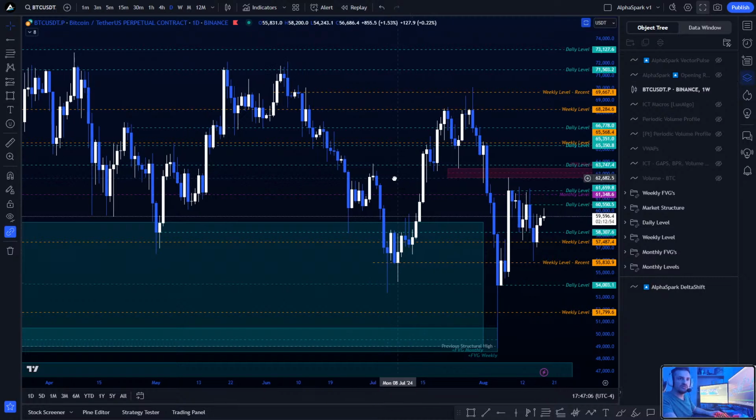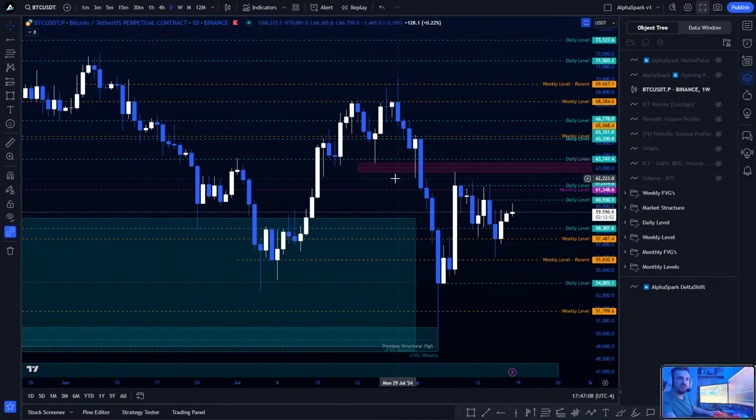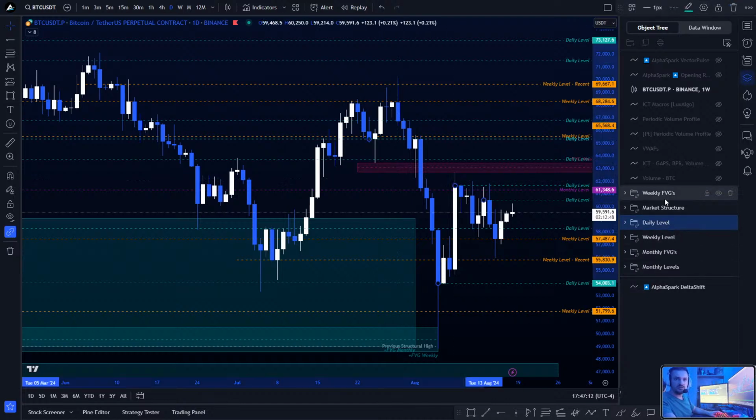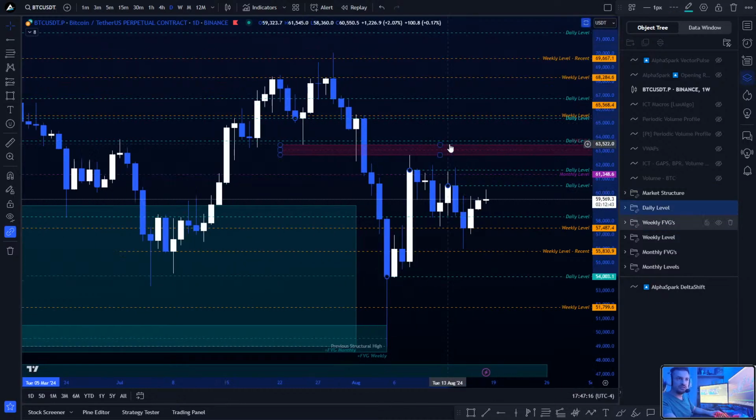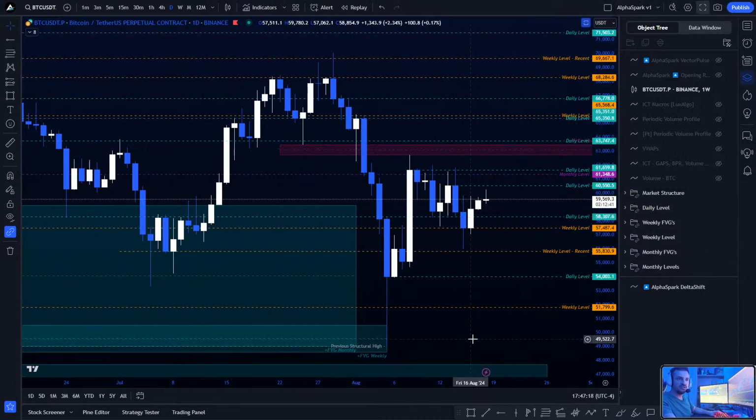Okay, so speaking of which, these are daily levels. I'm gonna keep them there. I'm gonna keep the FVGs above this too, and now let's do daily FVGs.